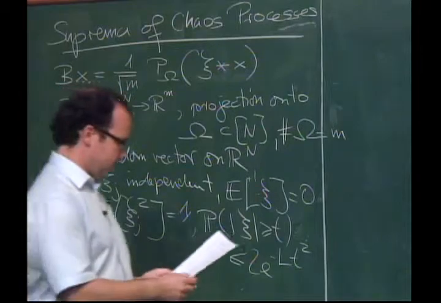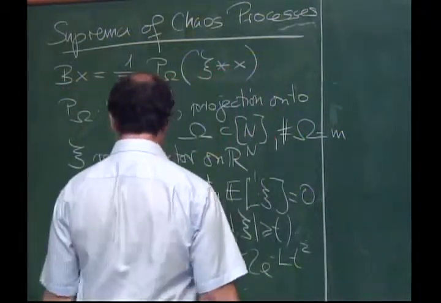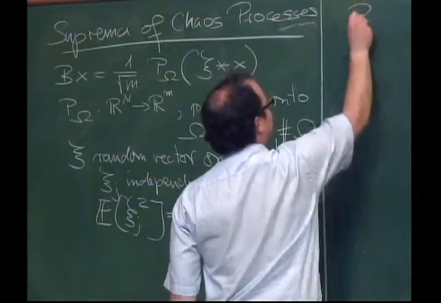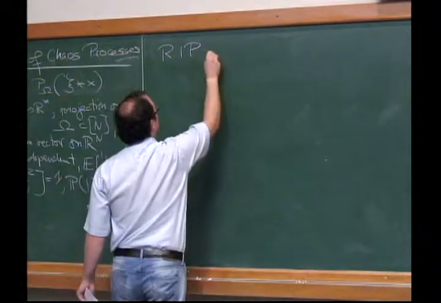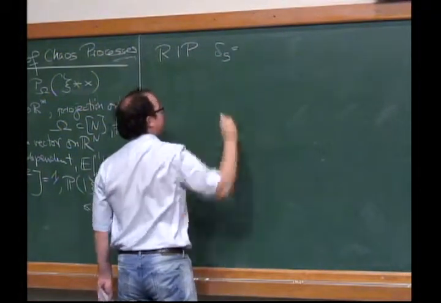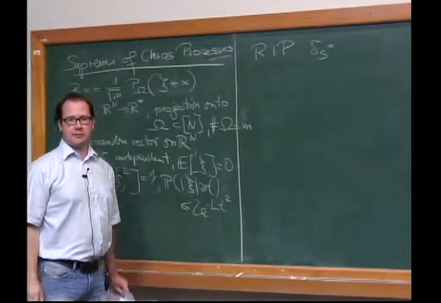And now to recall, what's the RIP constant? So these were these numbers delta s.